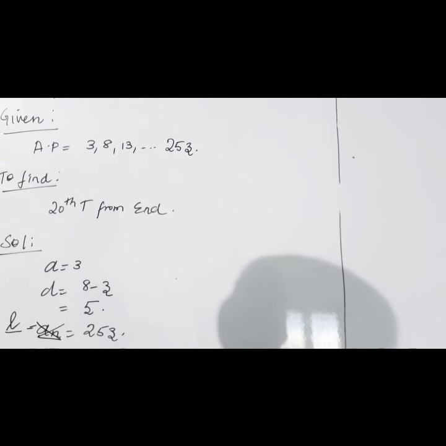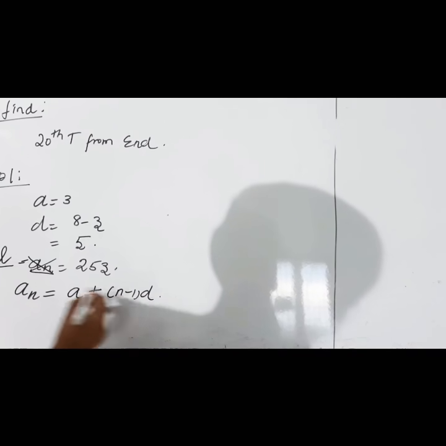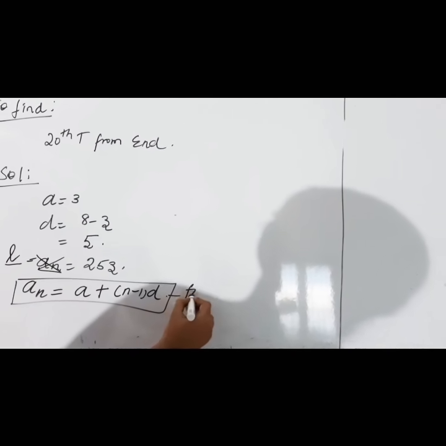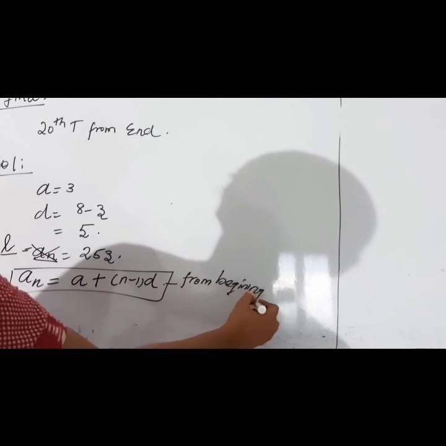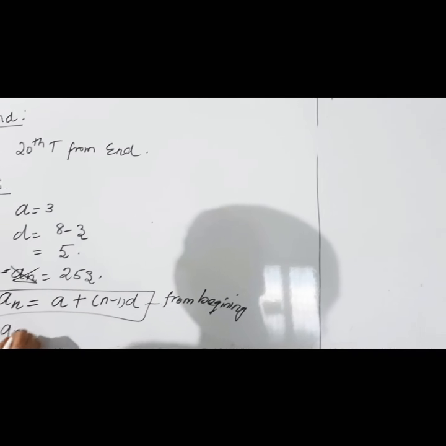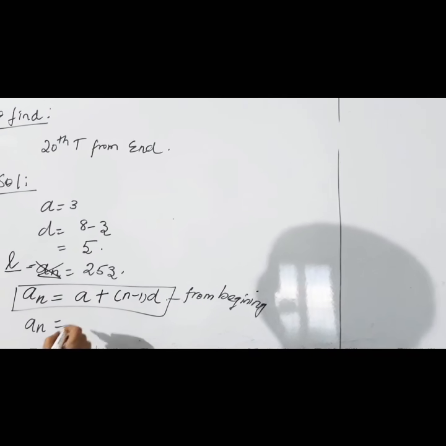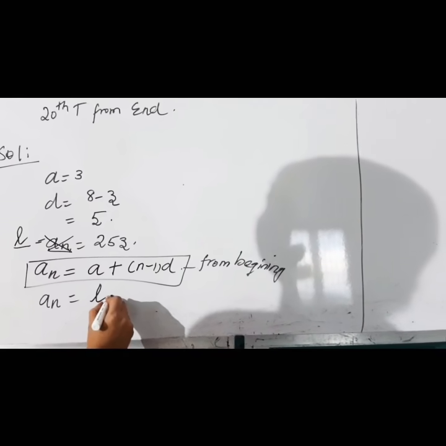From the beginning, the actual formula for AN is A plus N minus 1 into D. This formula is to calculate AN from the beginning. If we go for the last, to find out the term from the last, the formula goes like this: instead of A, the first term, take your last term.